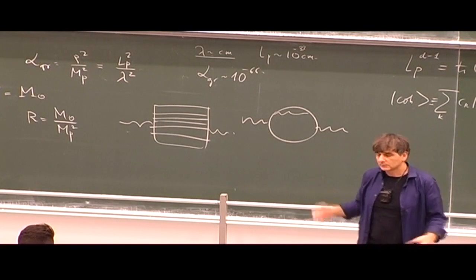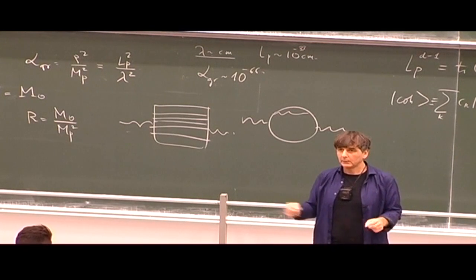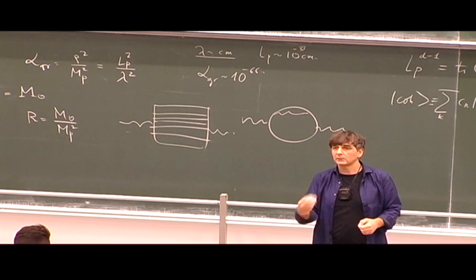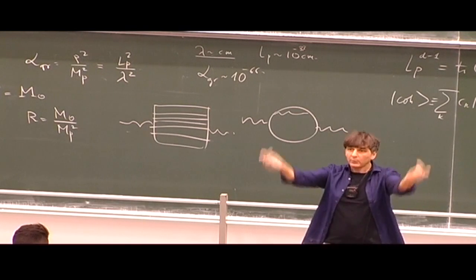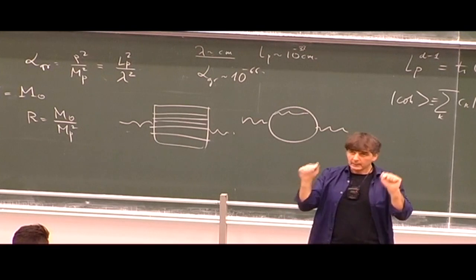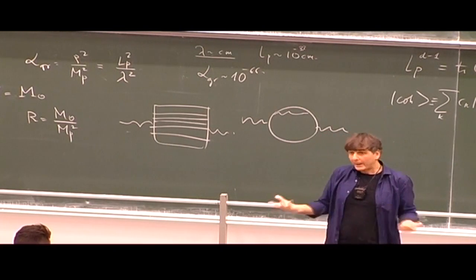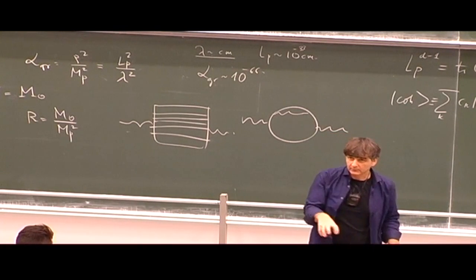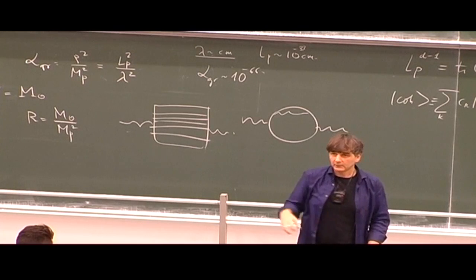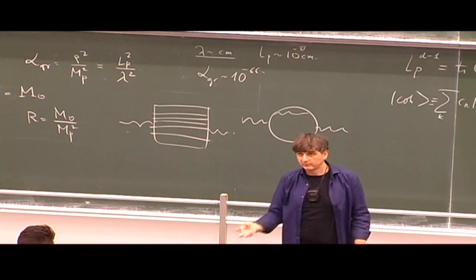The questions are, for instance, how do I know that I form a black hole? What is the calculation that I should do to really be convinced, from the point of view of quantum field theory, that I really form a black hole? And that's highly non-trivial. Why? Because in order to prove that you are forming something in the language of quantum field theory, you need to have a description of that something in the language of quantum field theory.